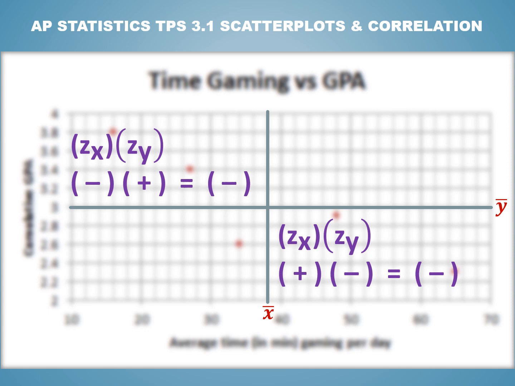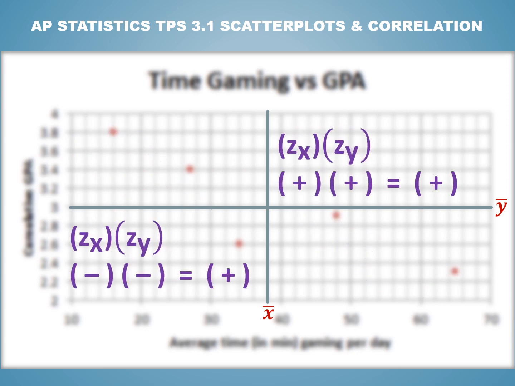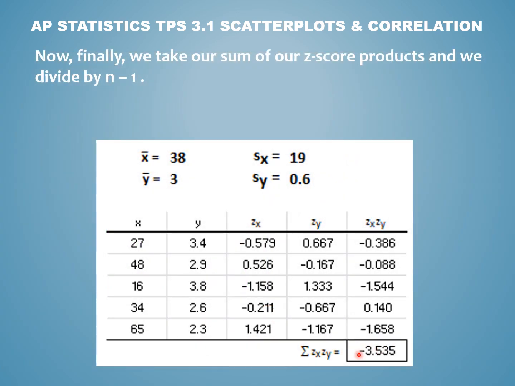And so as a result, most of the products of the z's are negative. Only one point is in these quadrants, this point here. And so if we add up all of our products of z's, notice the sum of all those products is going to be fairly negative, and that's what makes our R value negative.